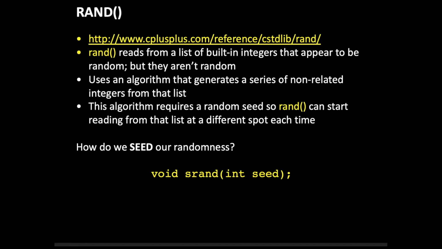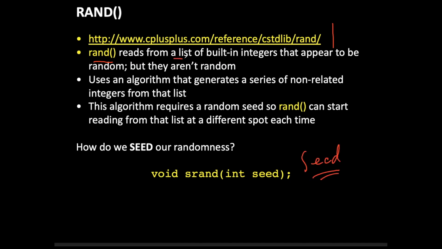You can go to this link to find out more about the definition of the randomizer function. Remember what I said: for any pseudo-random number generator, its ability to generate a random value depends on an initial value, which we typically call a seed.